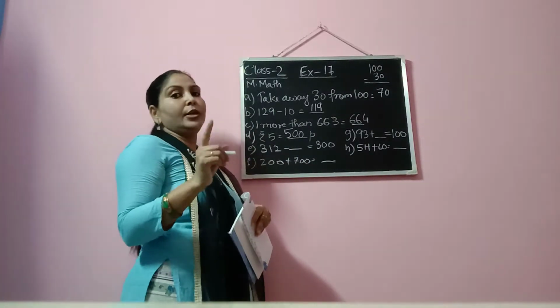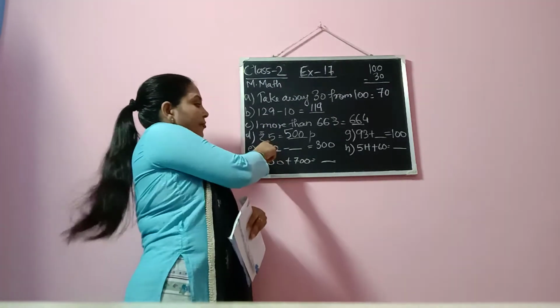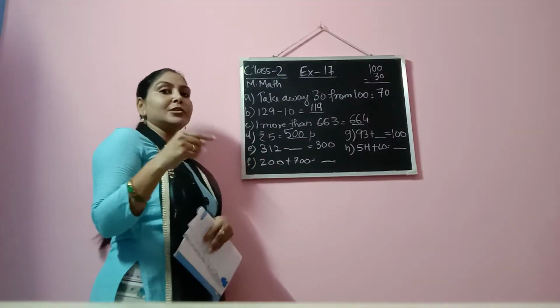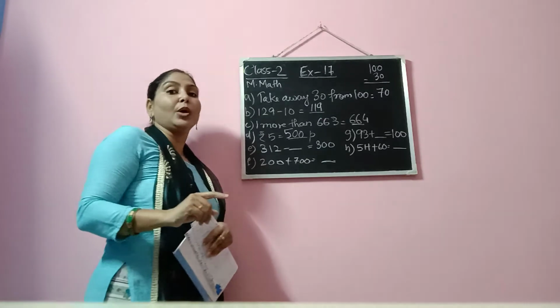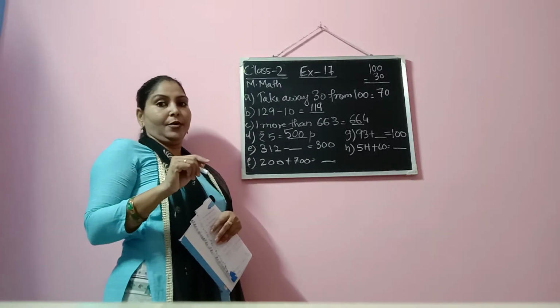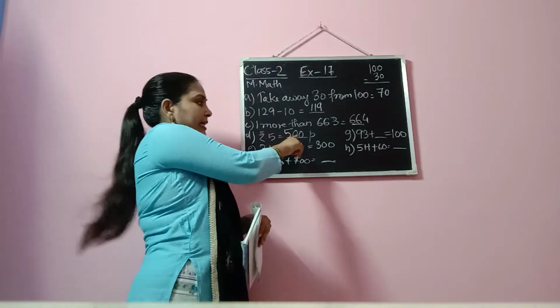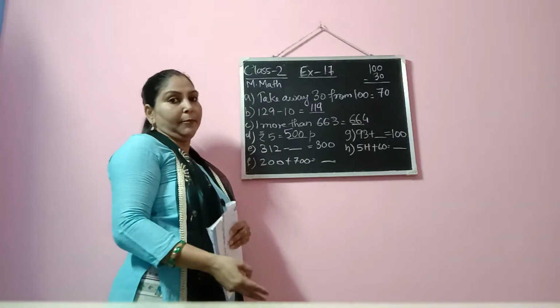That is your paise. So 5 rupees is equal to 500 paise, because 1 rupee equals 100 paise. Ultimately we are multiplying the number by 100. But now you are in class 2, so just understand that you have to add 2 zeros after the number.